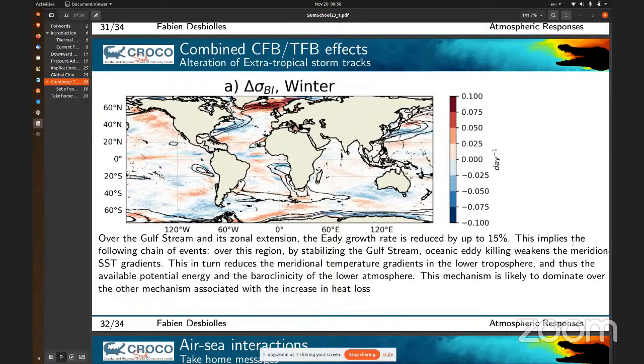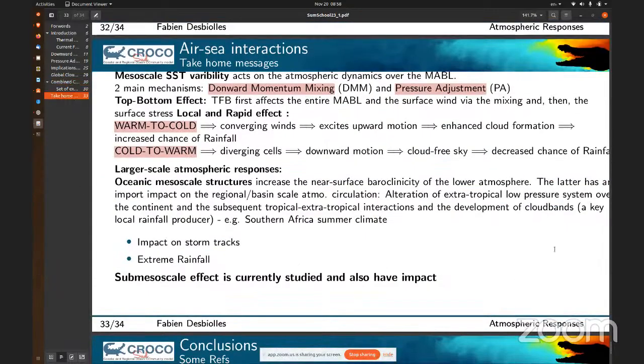I'm going to finish here, and I'm going to just conclude. My conclusion, I'm not going to read it, but we saw particularly the two main effects of thermal feedback, which are very, very important for the atmosphere because they create convergent cells and divergent cells, so upward or downward movement in the atmosphere, and have a direct effect on the creation of clouds and rainfall.